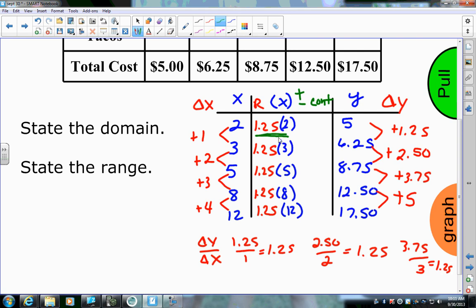If you take 1.25 times 2, you get $2.50 for that first one. What do you have to do to $2.50 to get to $5? Well, we have to add or subtract, not multiply. So you're going to have to add $2.50. One of the ways you can do that to find your constant is to take 5 minus that 2.50 and it will give it to you. The constant should be the same the whole way down.